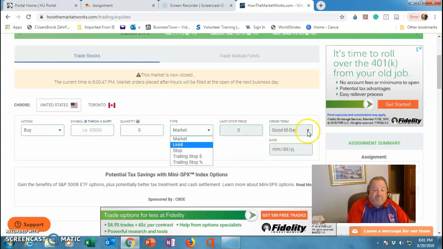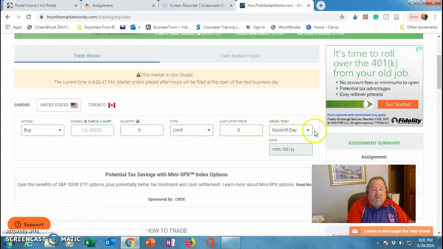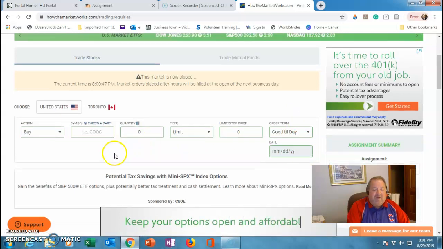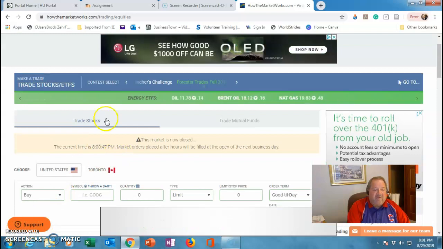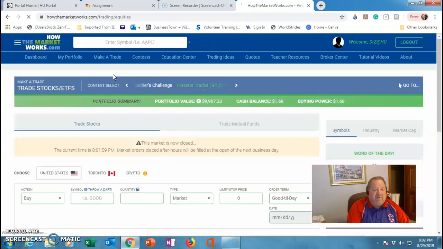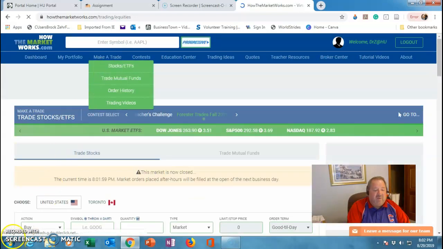I can put in an order for just a day, or I can put in a limit order, and I can keep it in there until I cancel or until a certain date. So that's how you buy and sell individual stocks. You could also buy mutual funds, and we'll talk more about that in future weeks.